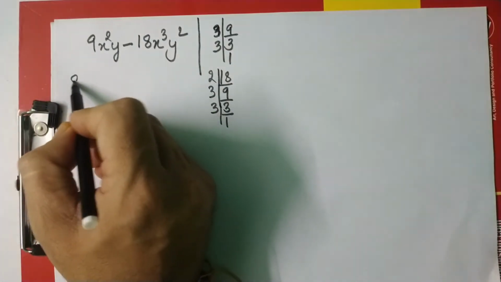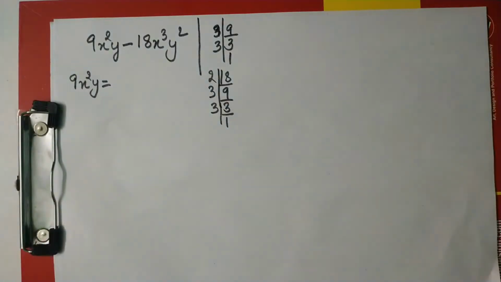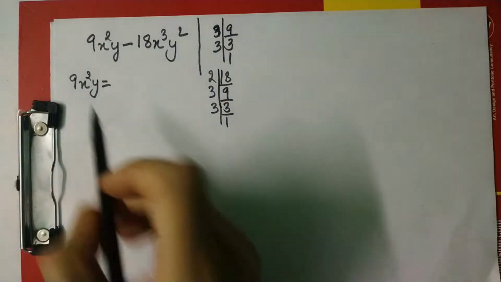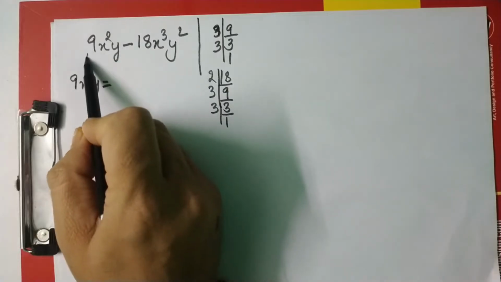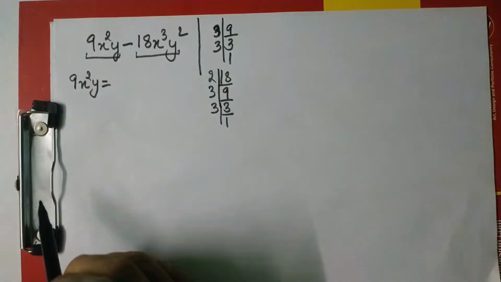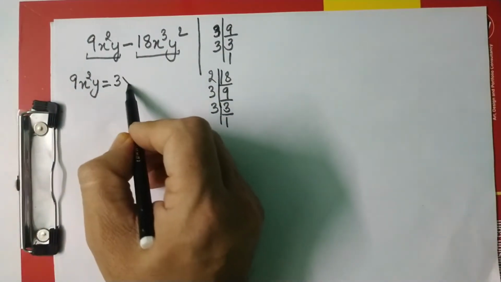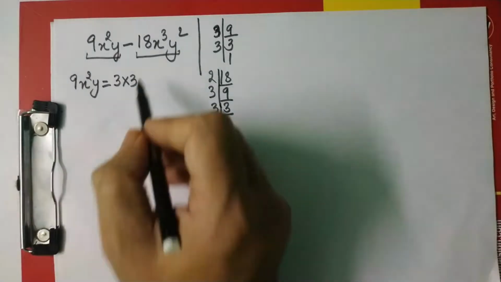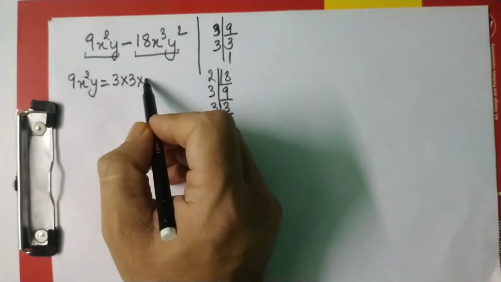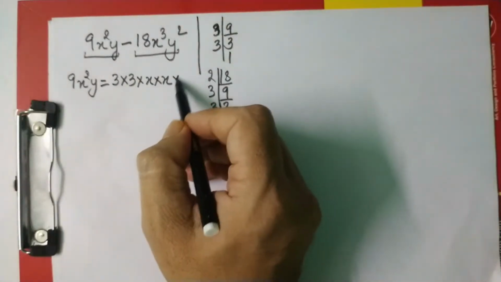So let's write 9x square y in prime factor form. There are two terms in this, the first term and the second term, and I will factorize both terms. 9x square y means 3 into 3, which is 9, multiplied by x square, which means x into x, multiplied by y.